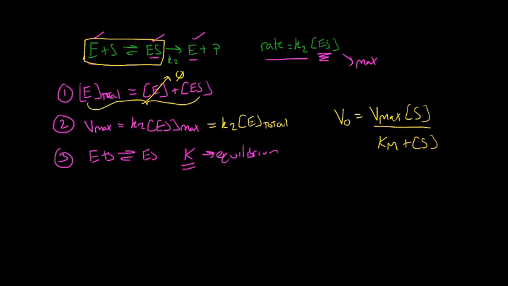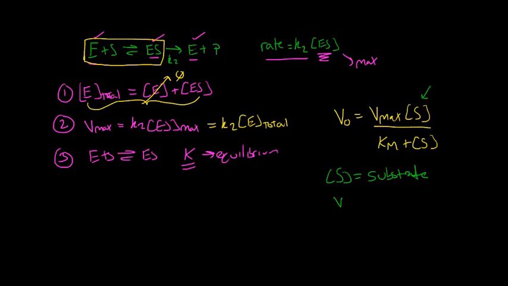In this equation, we see some very familiar things. The concentration of S is the substrate concentration, and this should be fairly self-explanatory. Just like when we're dealing with the rate of traditional reactions, the concentration of reactants is important, and correspondingly with enzymes, the concentration of substrate, which is one of the reactants, is important.